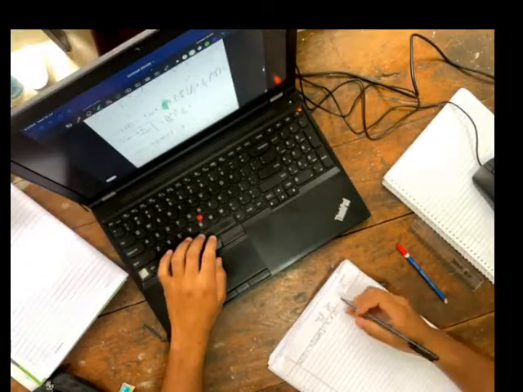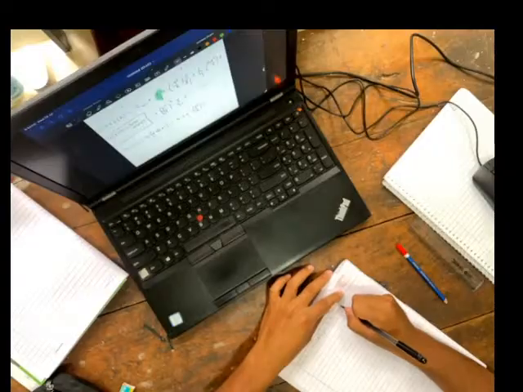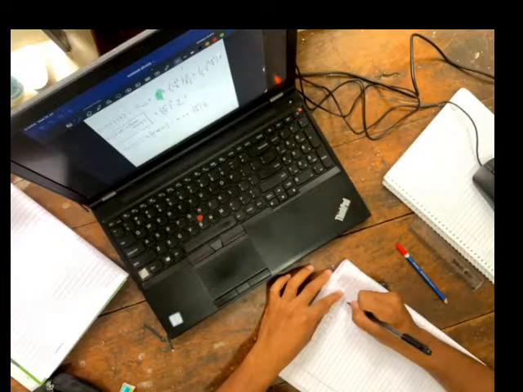Fine. Now minus pi square by 16, 1 over 2 factorial, identity, trace of identity is again 4.